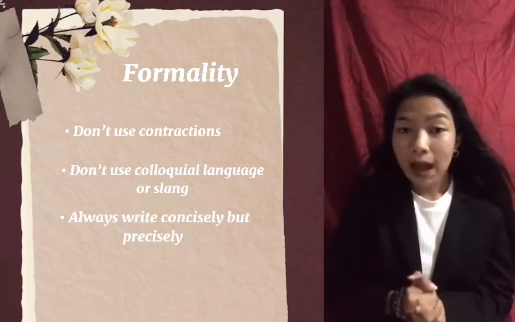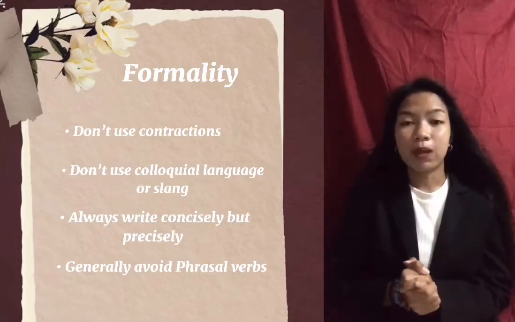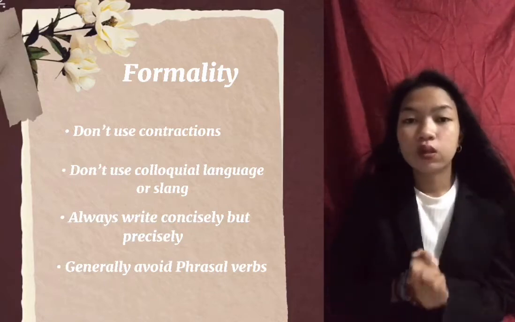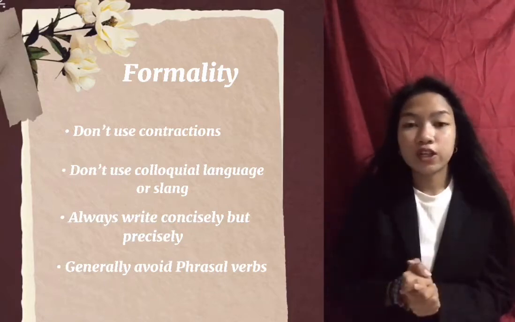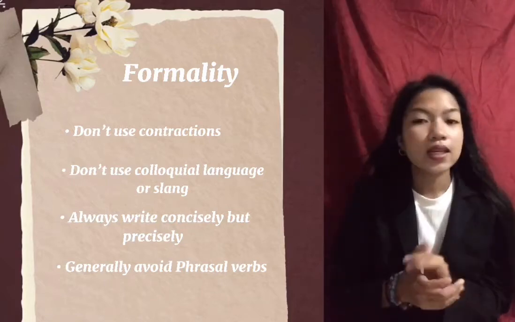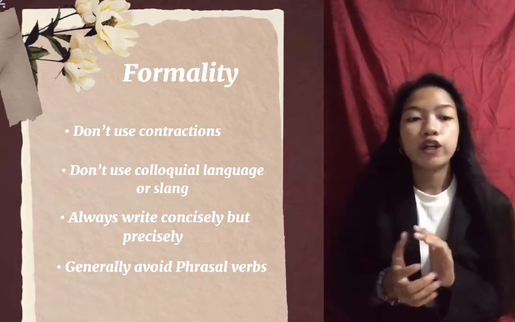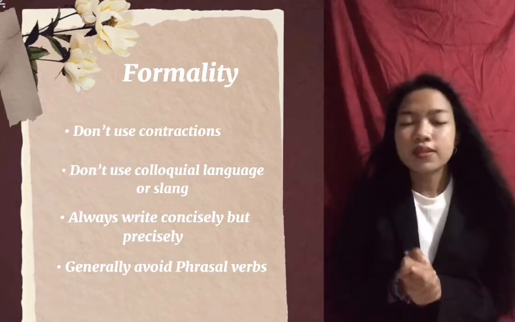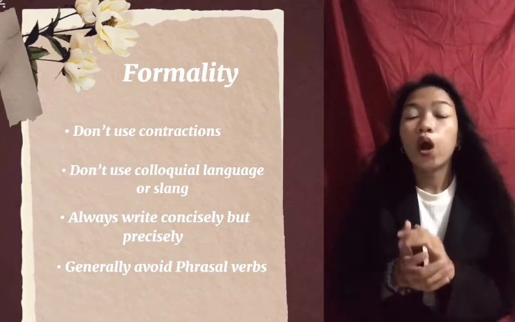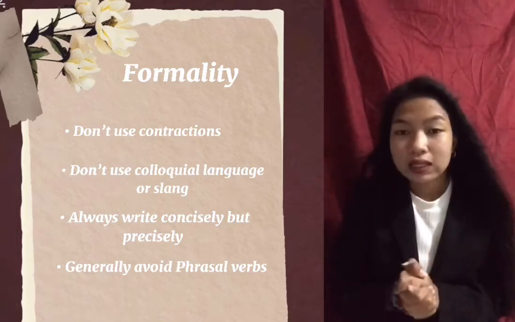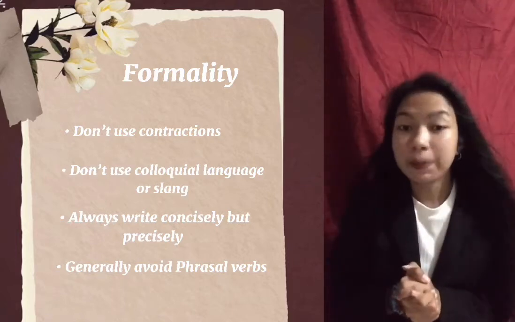So for the formality of academic papers, don't use contractions. Contractions like aren't, isn't, didn't, or don't. Instead, use the full spelling terms or words for the formality of academic papers.